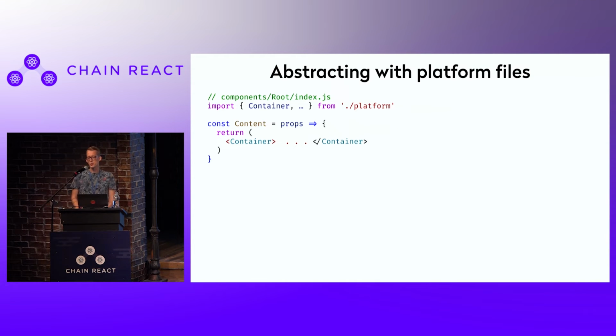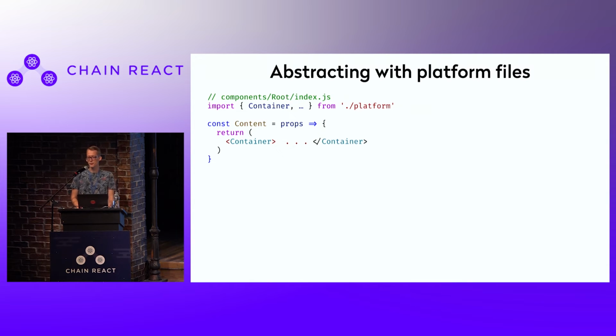The third approach is what we call platform files. So imagine you have the root component of your app, right? It probably has a lot of things that are completely shared between all of the places. You probably have some context providers, maybe some shared logic, but some things are obviously different. On the web, you might have a simple column-based layout, just like we do.